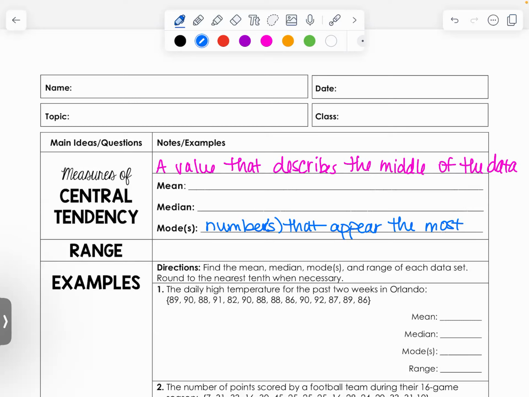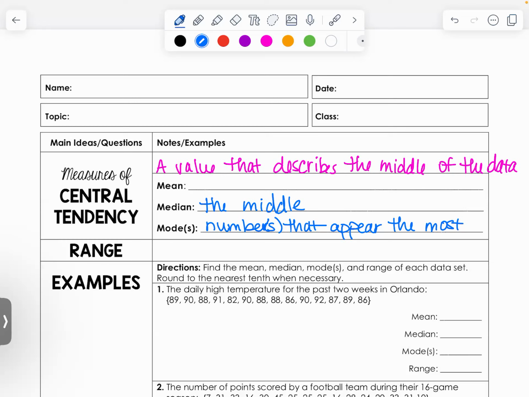What does median mean? The middle, exactly in the middle. Somebody answer her question. Yes, we have to put the numbers in order from least to greatest in order to find the middle.